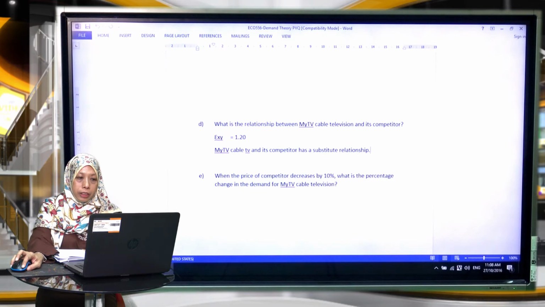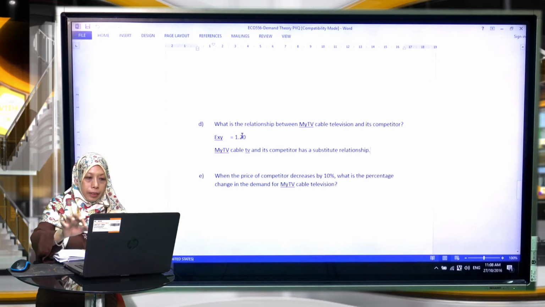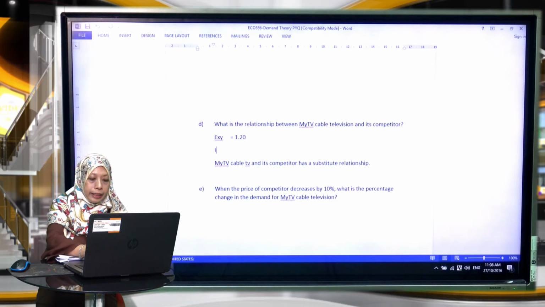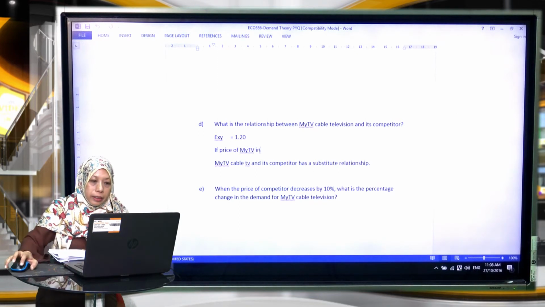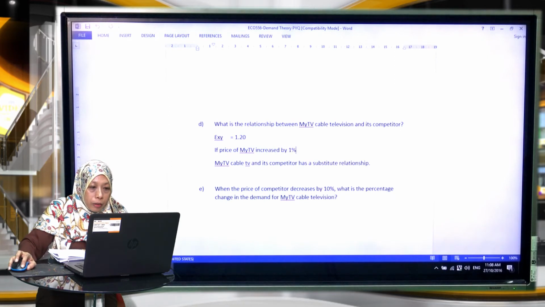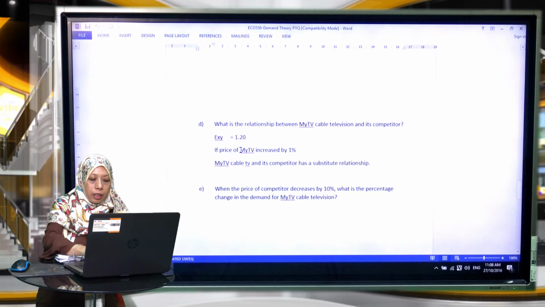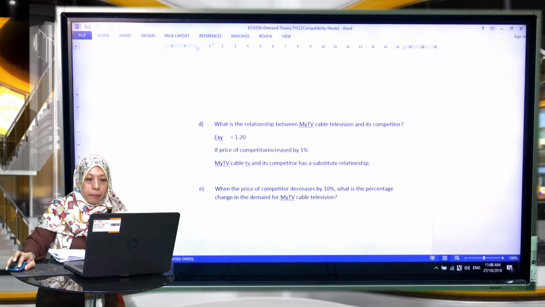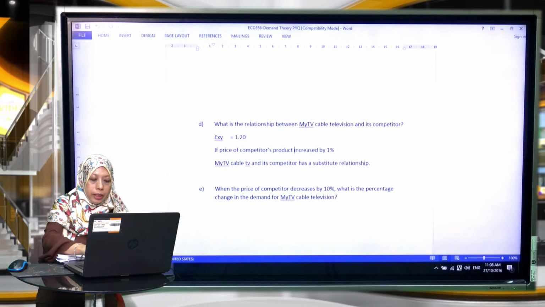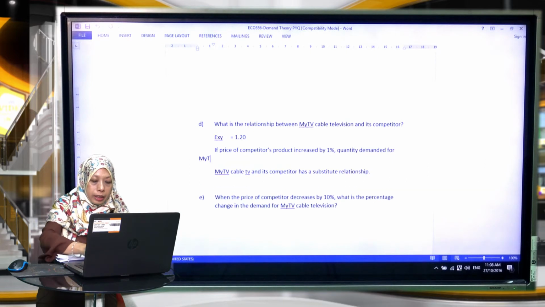The positive coefficient simply means, if the price of the competitor's product increases by 1%, quantity demanded for your product, in this case my TV, will increase by 1.2%.